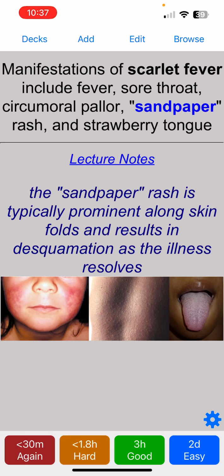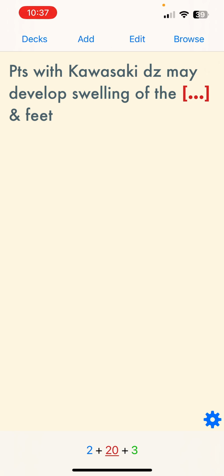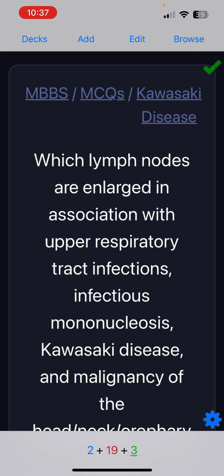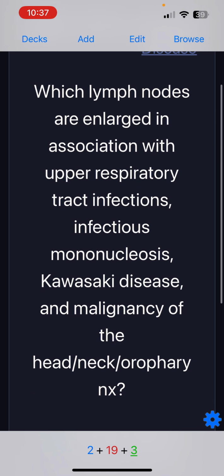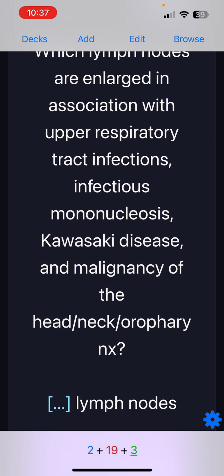Manifestations of scarlet fever include fever, sore throat, rash. I'm going to fix up the question. What lymph node cluster drains the head and neck? Cervical. Patients with Kawasaki disease may develop swelling to the hands and feet. Which lymph nodes are enlarged in association with upper respiratory tract infections, such as infectious mononucleosis, Kawasaki disease?